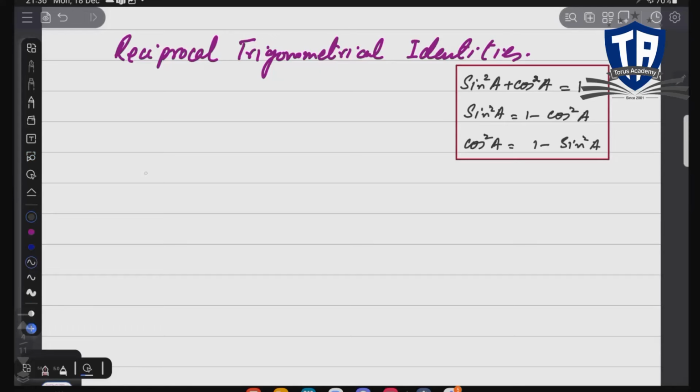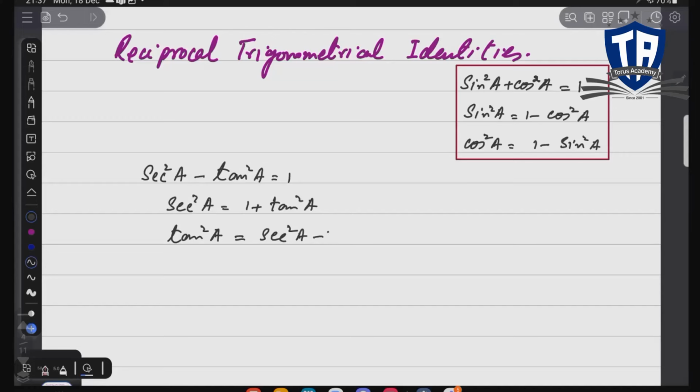The next trigonometrical identity which we'll discuss is secant square of A minus tan square of A is equal to 1. We can further find secant square of A is equal to 1 plus tan square of A, or if we want to find tan square of A, we find it as secant square of A minus 1.